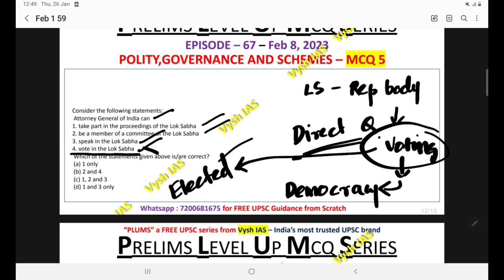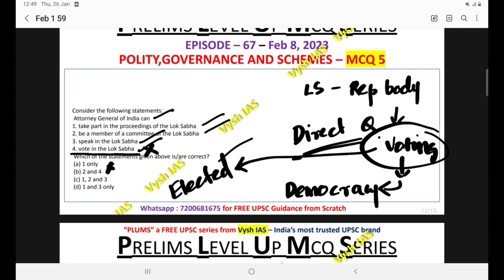If you eliminate this option, options 2 and 4 are gone. Then come to the first, second and third. This is static portion only. Actually this question should be done out of static knowledge only, but if you have to go with elimination, the trick is that voting power and representative bodies are linked, and whenever a non-elected member gets a power to vote, you have to think twice or thrice.